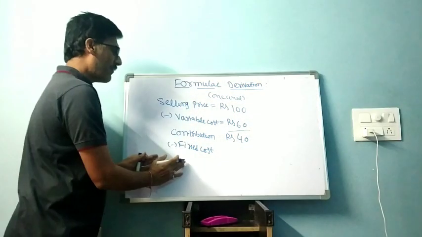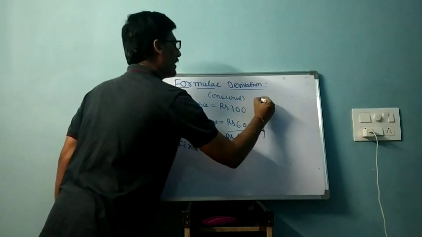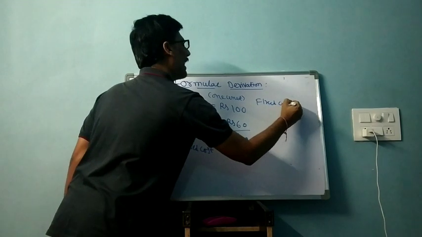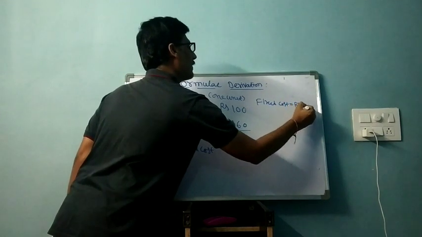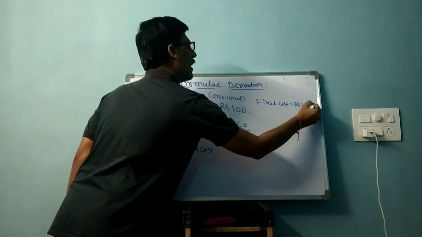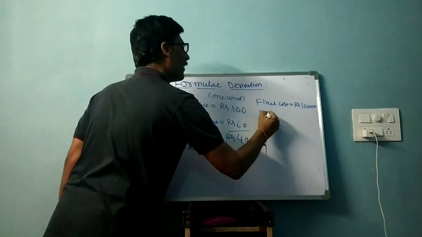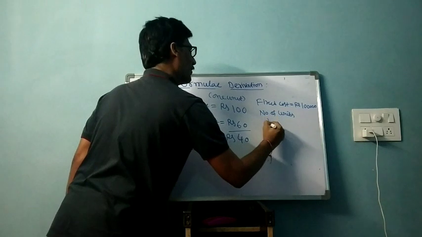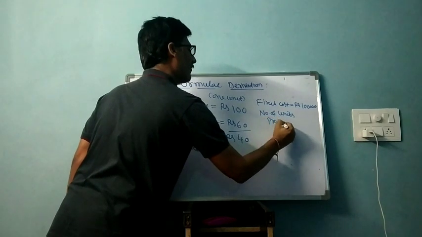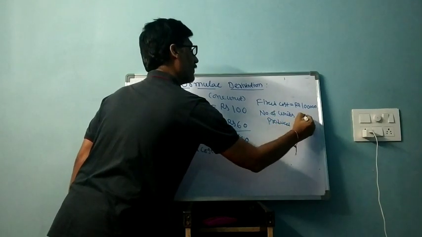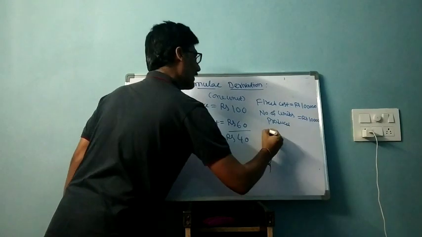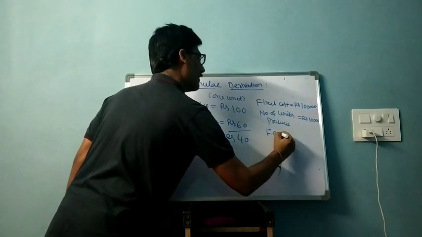I am taking one example regarding the fixed cost. I am assuming that fixed cost is equal to 1 lakh rupees. I am assuming the number of units produced is equal to 10,000. So what is the fixed cost per unit?